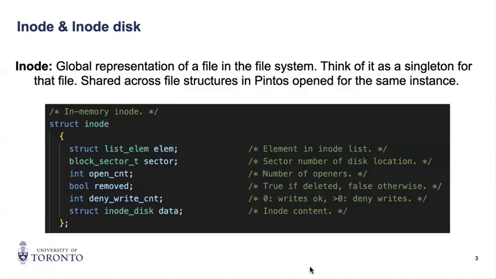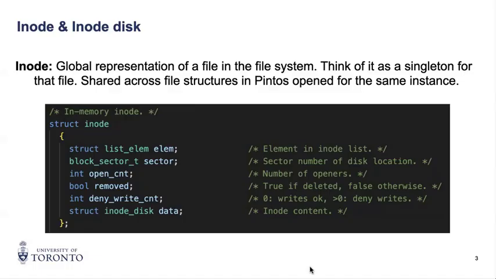For example, when you open multiple files in the same process, every file may have a different state, like how much you have read, etc. But they all share this particular inode, which represents what the file actually is in the file system. This way you can have independent control in each different process. So inode is that singleton instance.